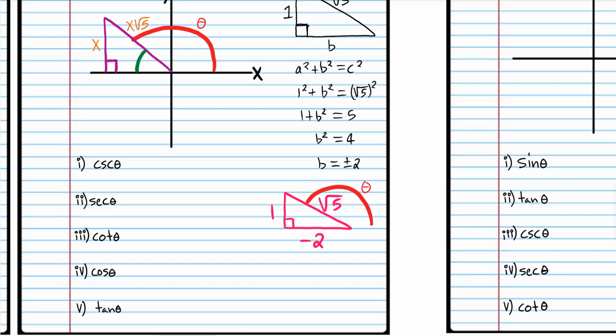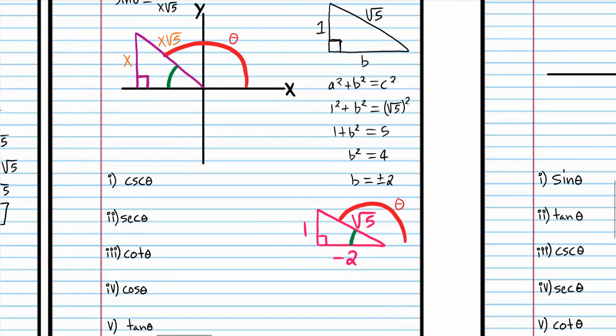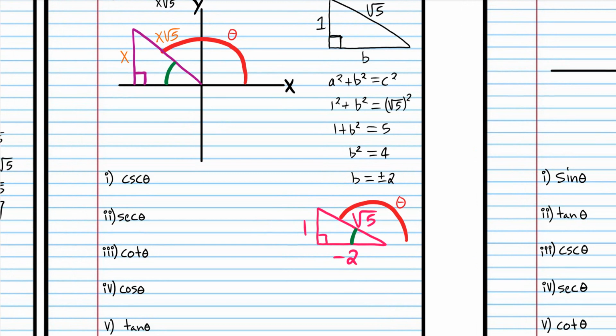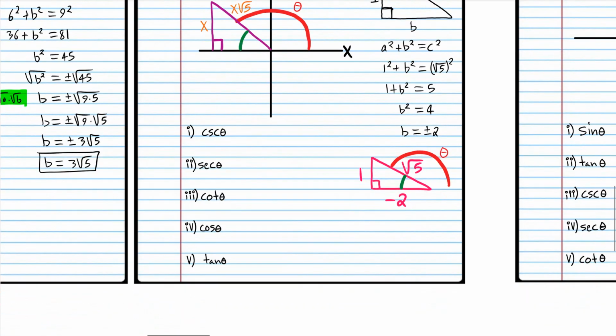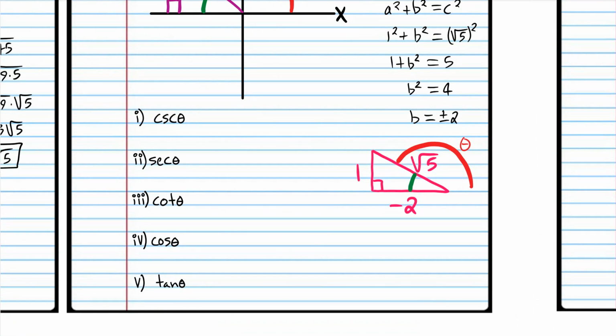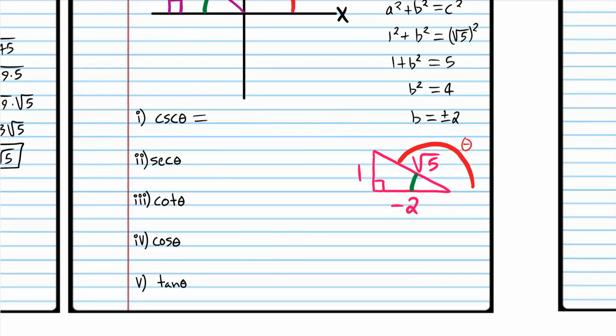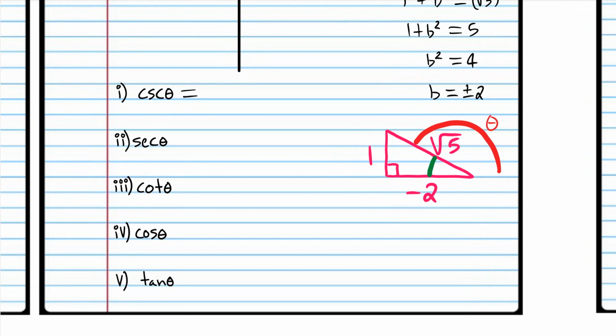And the reference angle, of course, is this green angle. Now, you don't have to show the angle, you don't have to have these colors, you don't have to do a lot of this. You just want to know these sides, their relation to each other, so we can find cosecant theta.